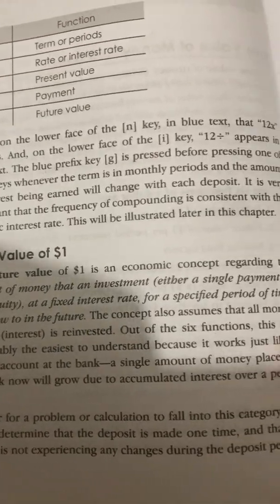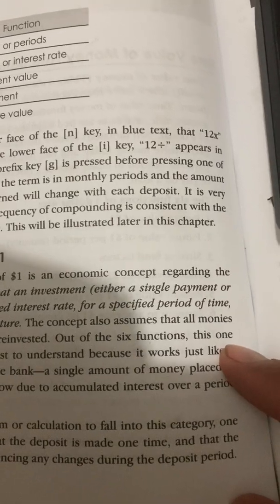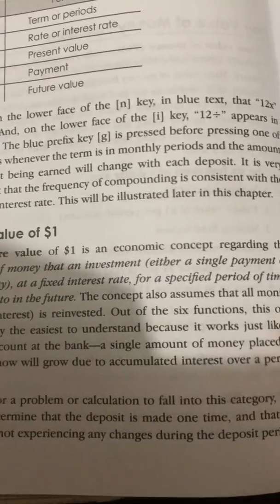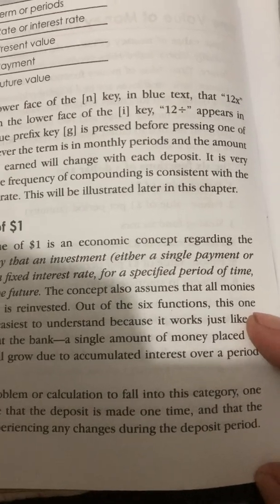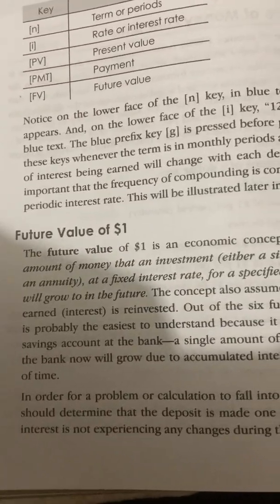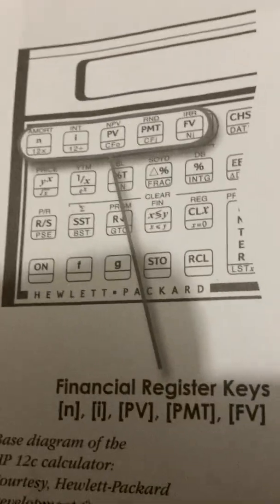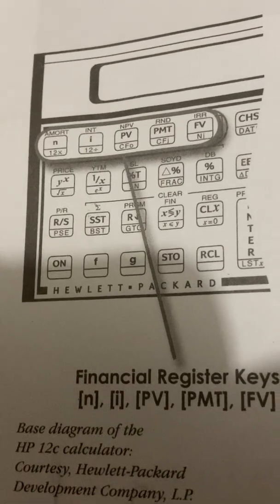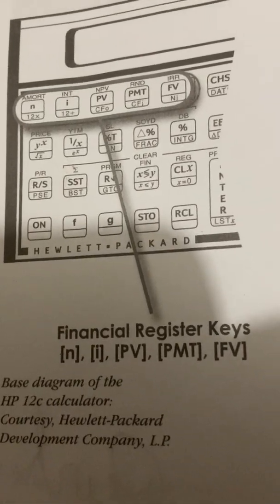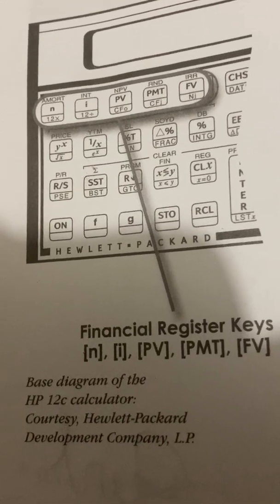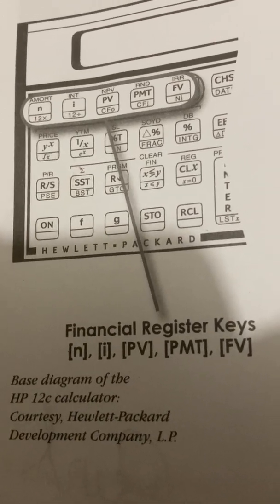In order for a problem or calculation to fall into this category, one should determine that the deposit is made one time and that the interest is not experiencing any changes during the deposit period. There's the diagram for the financial register keys, N, I, PV, PMT, and FV, based on the HP12C calculator, courtesy of Hewlett Packard Development Company.